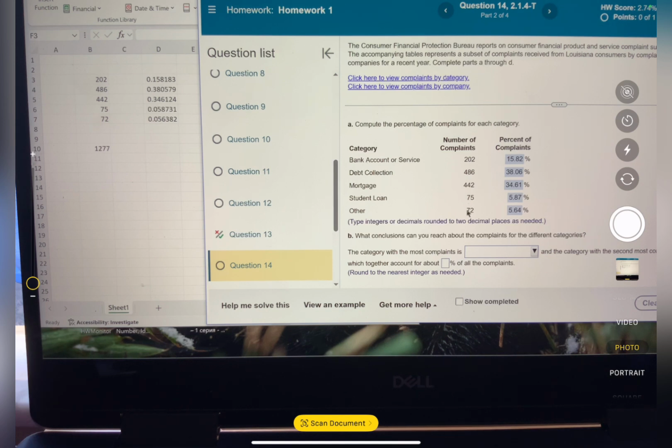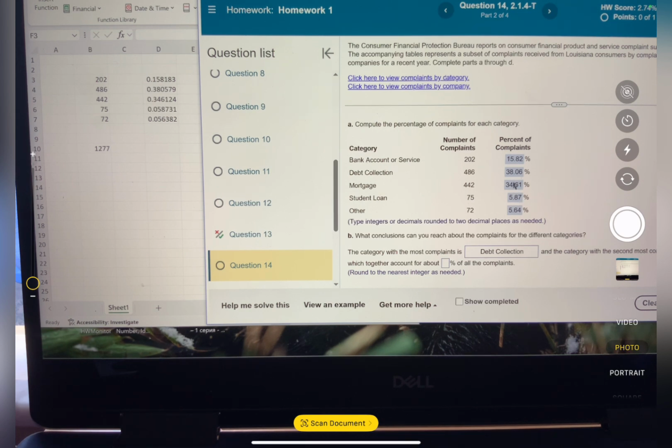What conclusion can you reach about complaints for the different categories? The category with the most complaints is obviously debt collection, 38%. And the category with the second most complaints is mortgage, which together account for about how many percent? Debt collection 38.06 and mortgage 34.61.